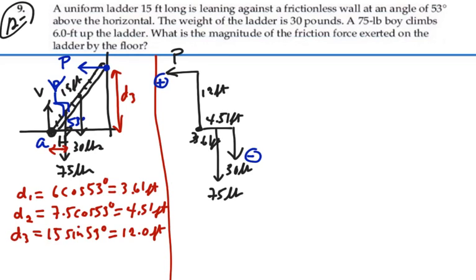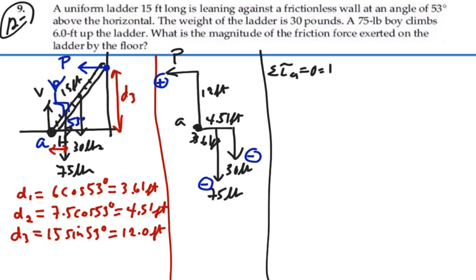This is also trying to make this rotate clockwise, so it has a negative torque about point A. All the torques cancel out, and we have a net torque of 0. So the net torque about point A is 0.